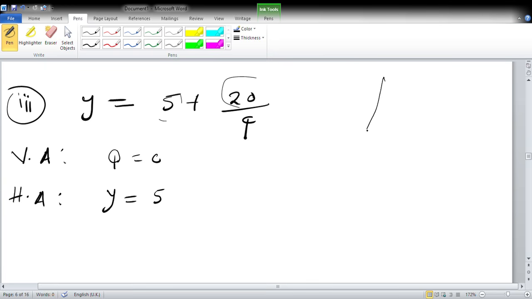It means obviously when I sketch my graph, I'm going to have this one and the other curve the other side. That's what you have to understand. If it was 5 minus 20 over q, it would have been this and this, since 20 would have been negative. Now with this information, let's produce our graph. So what am I going to have?